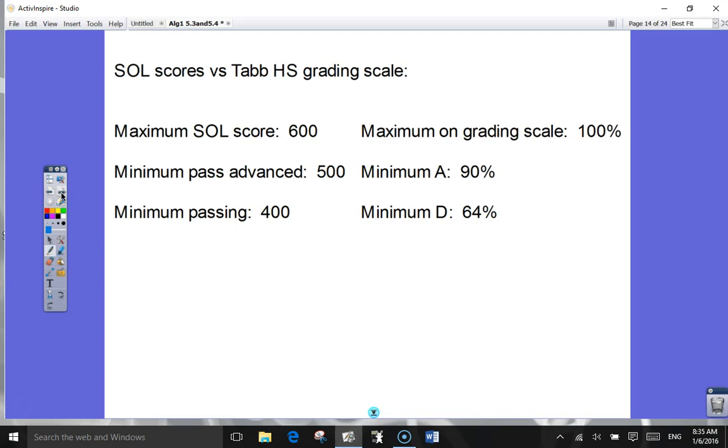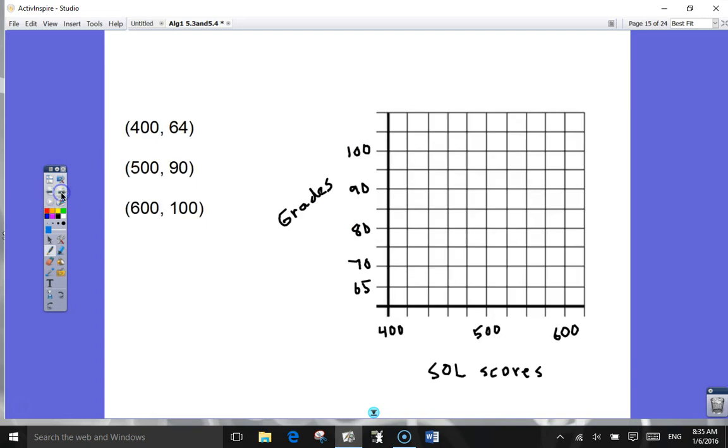And the 400, since that's the minimum passing, we'll call that the minimum D. So you're going to have to make a scale that goes from 0 to 400, 400 to 500, and then 500 to 600. Make your equations so that you can convert the grades. I think I've got that.